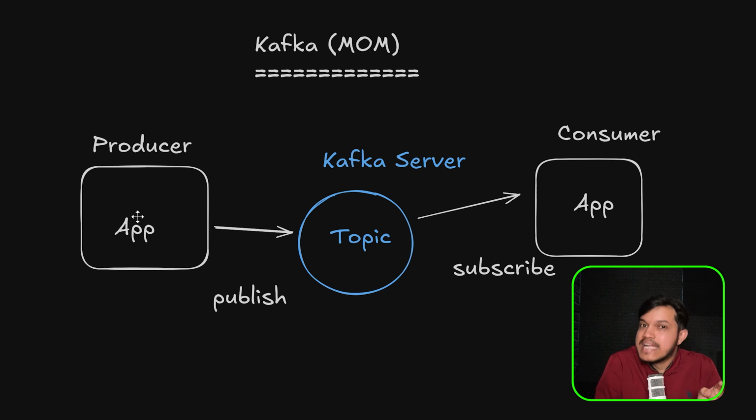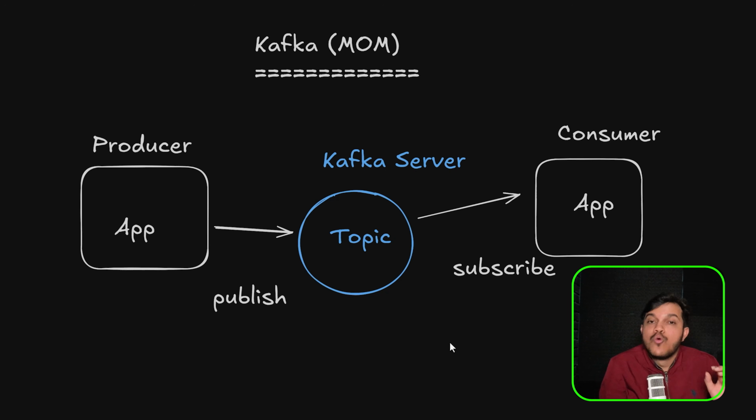So I have to get connected to the Kafka server, and then I have to publish that data inside the Kafka server, in a place which is called a topic, the Kafka topic. So you should not know about any other application that is going to consume your data. You should know about the Kafka server location, and you should know the Kafka topic name. That's all. And to that Kafka topic, you have to publish the data or publish the message.